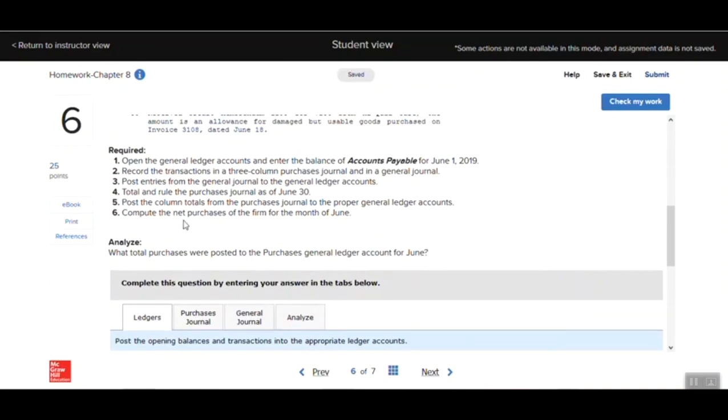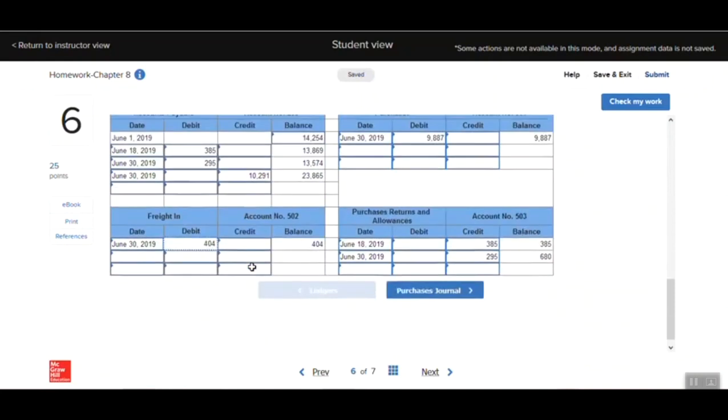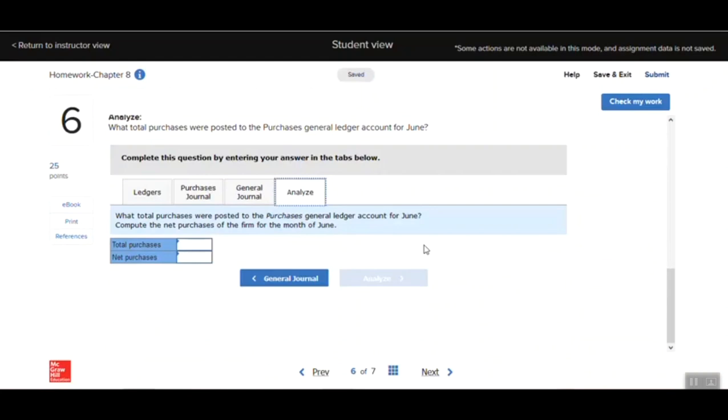Then it says compute the net purchases for the month of June. So to do that, you're going to have to look at your ledger. So they kind of got it broken out in the Analyze section. They've got total purchases and then net purchases. So your total purchases, you're going to have to get from your ledger.